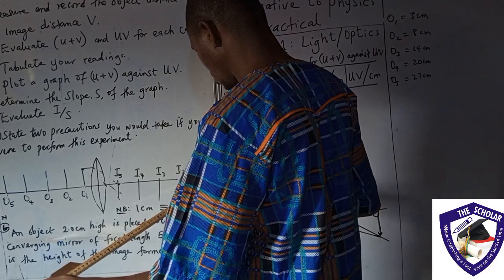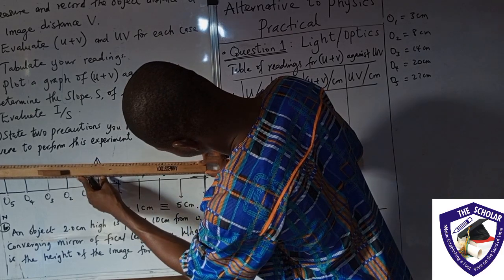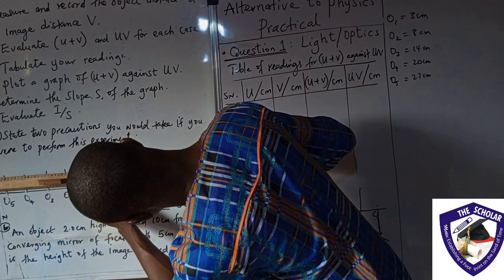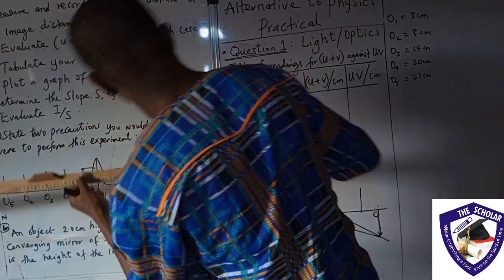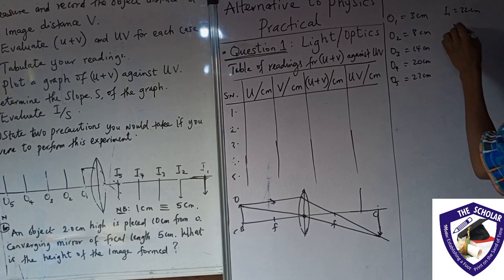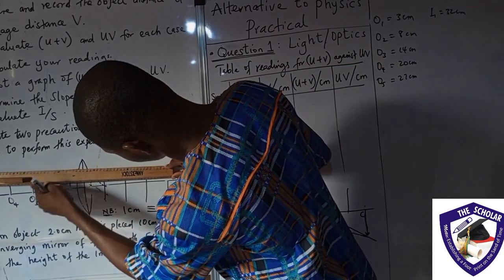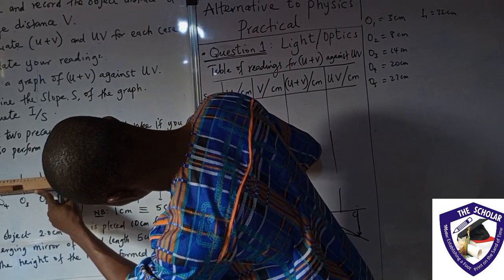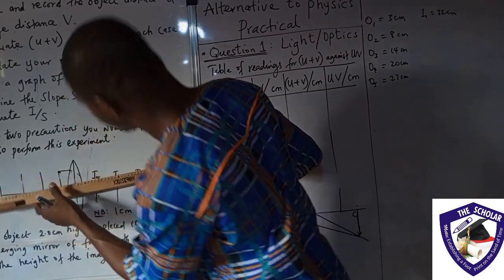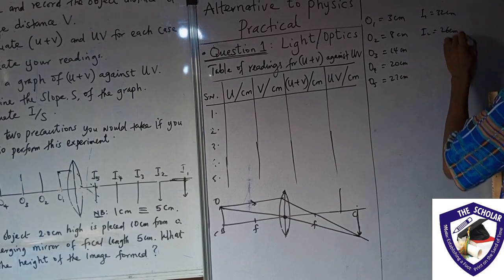Now starting from the 0 mark, I'm starting with I1. As you can see, my I1 from the lens here is 32 centimeters. I1 is equal to 32 centimeters. Then my I2 is 26 centimeters.